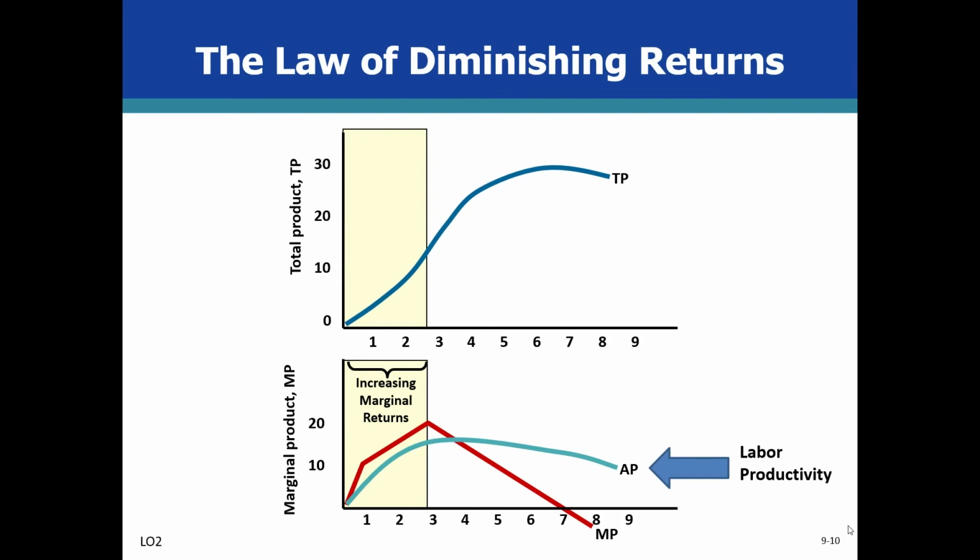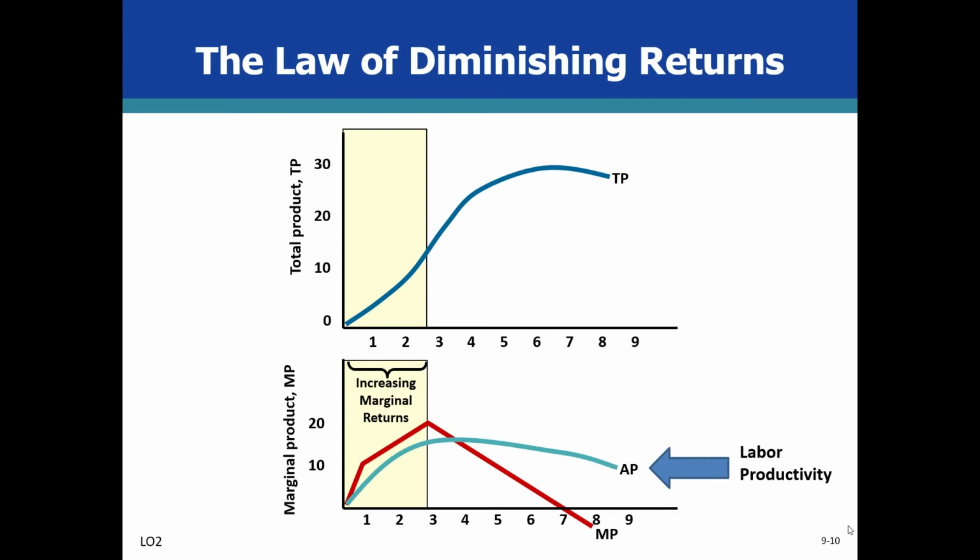This gives insight as to where to produce from an input standpoint. As long as the marginal product is increasing, you have increasing marginal returns. On the next slide, we'll look at what it looks like from a cost perspective.